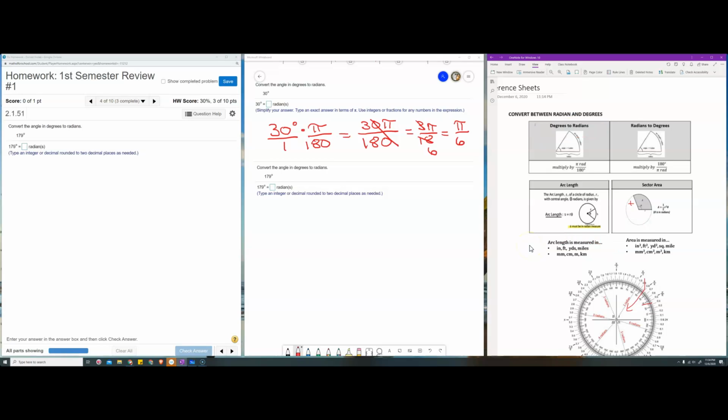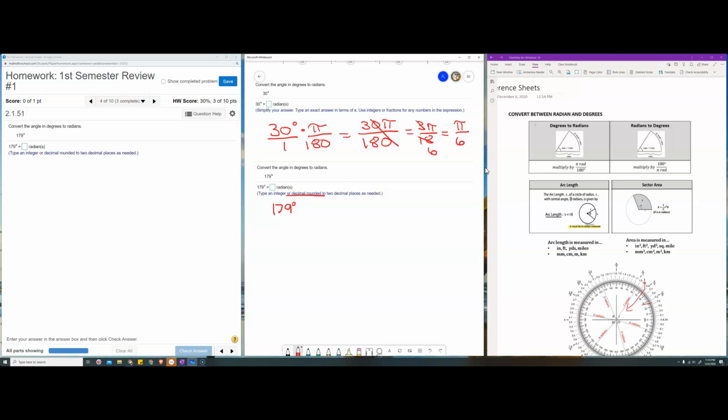Okay, next up we have question number 4. Convert the angle in degrees to radians. So our degrees to radians, 179. So I'm going to do the same process I did before. The difference is now it's asking us to do it as a decimal.